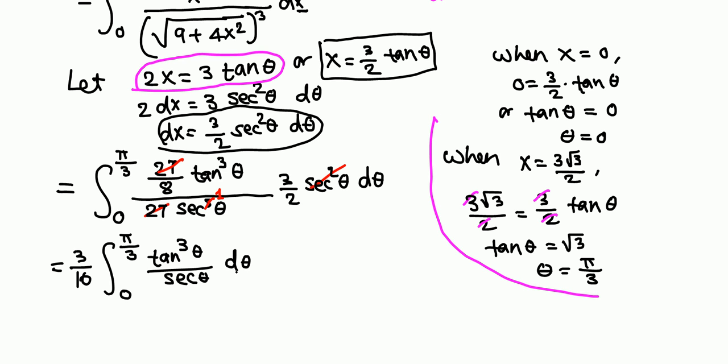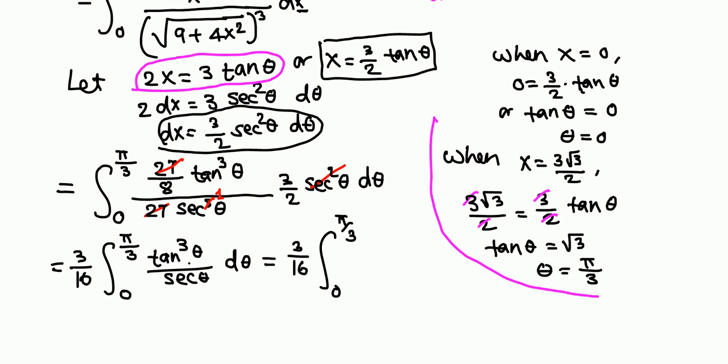And it's always easier to work with sine and cosine. Now I want to change this in terms of sine and cosine. So 3 over 16 outside, 0 through pi over 3, and tangent theta cubed.